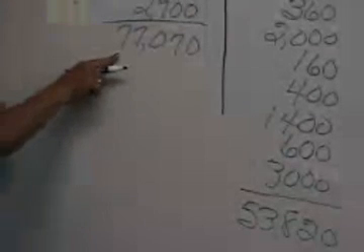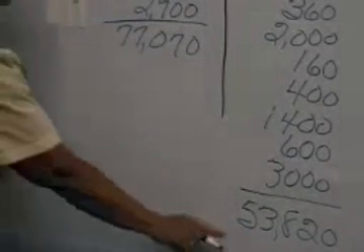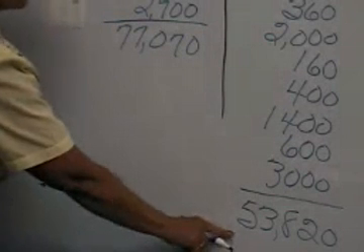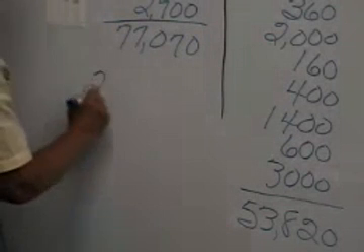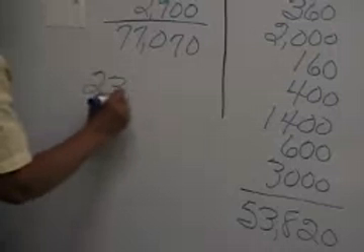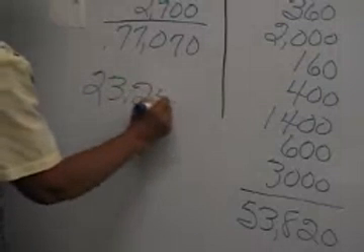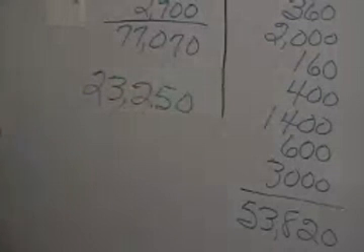To determine the balance, we take the $77,070 minus the $53,820, and we come up with our balance of $23,250. This is a much more efficient way of determining your balance than when you put it all in one long column.